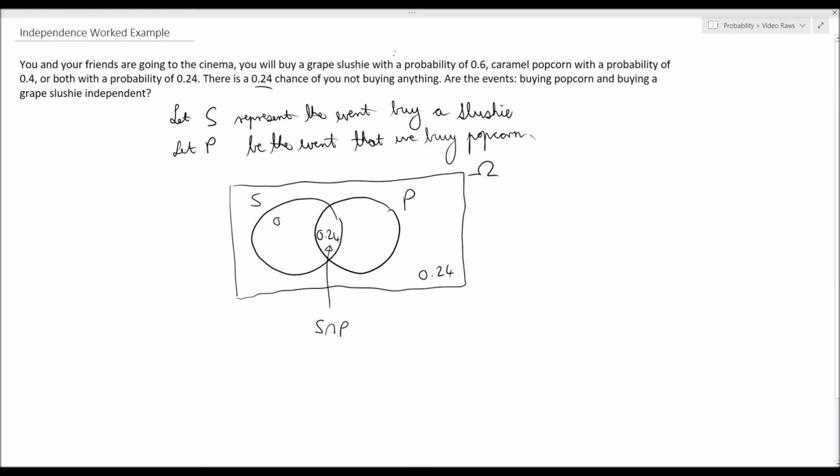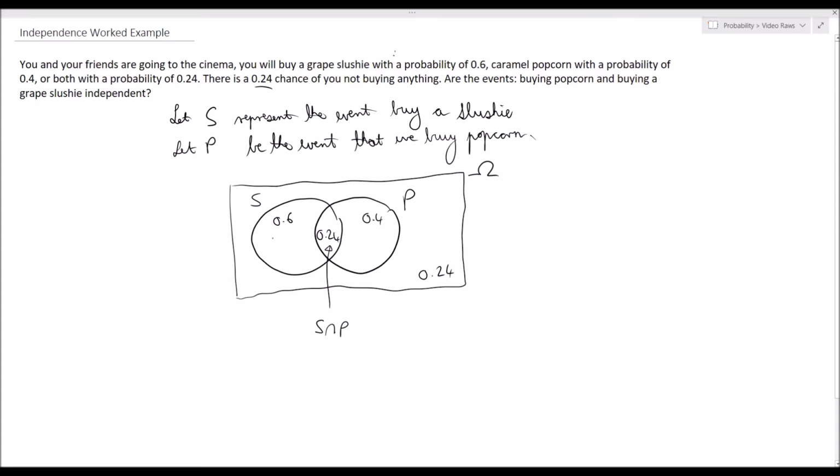So the 0.6 represents this entire circle of S, and the 0.4 represents the entire P. But we are double counting because we have the intersection over here.